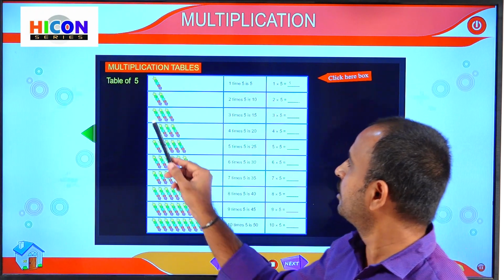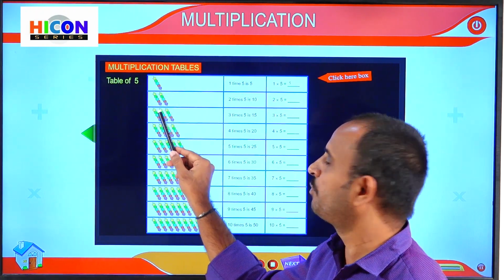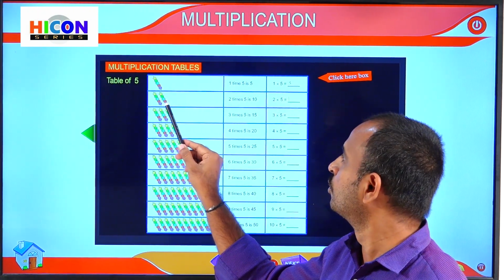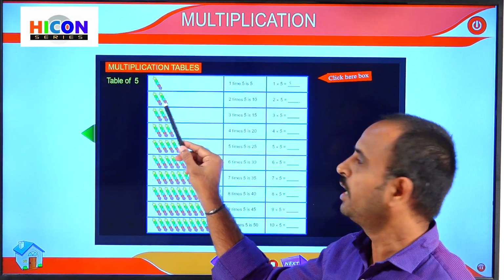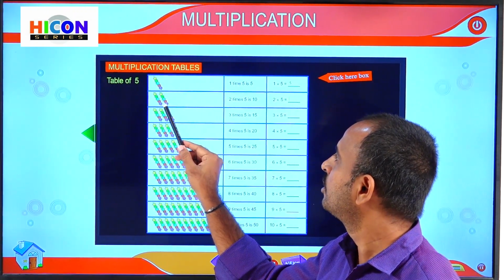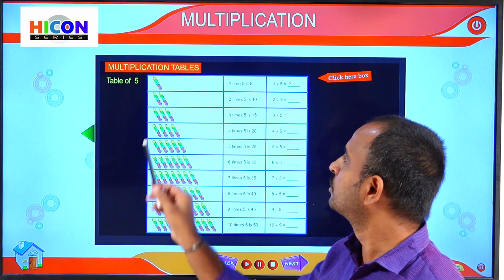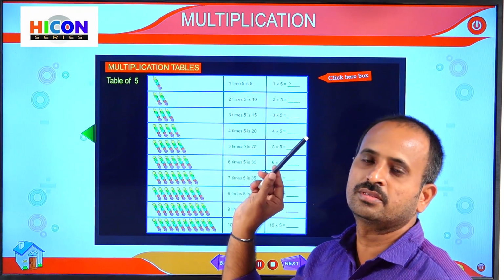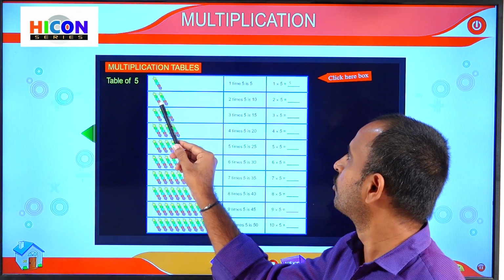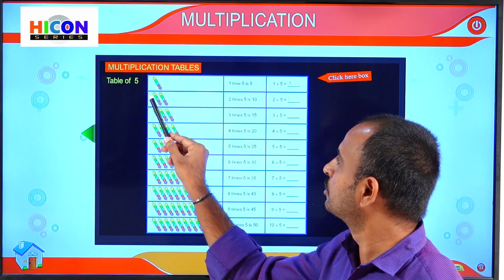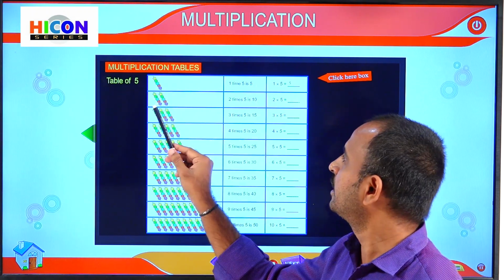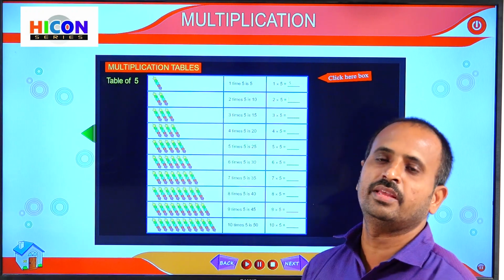So children, see the second row. Here, how many groups of balls are there? There are 2 groups of balls. And each group has how many balls? Each group has 5 balls. That is, the number of groups is 2 and each group has 5 balls. In total, how many balls are there?